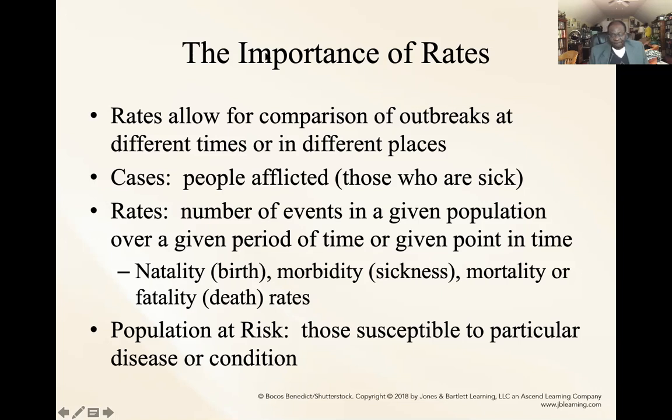Now you have the definitions here and the formula. When you talk about the incidence rate, it's the number of new health-related events or cases of disease divided by the number of people exposed to risk during that period, multiplied by 100.